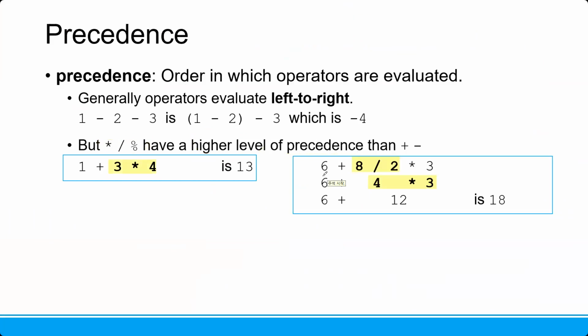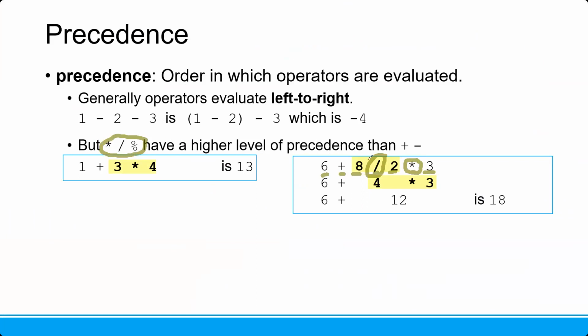Now we have 6 plus 8 divided by 2 multiplied by 3. What is the result? We need to understand the steps. Division and multiply are at the same level, so we start from the left.